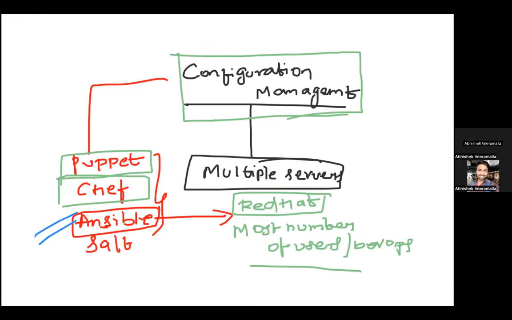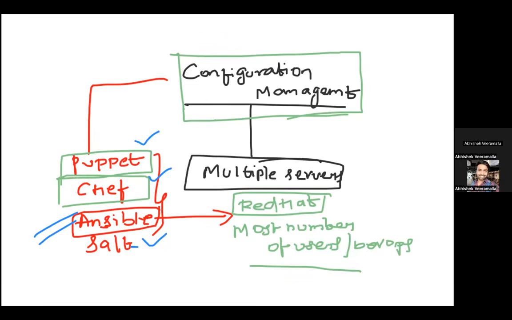Because there is a very good chance that 90% of the time, when you start your DevOps journey in an organization, your organization is using Ansible. I'm not saying nobody is using Puppet, or Chef, or Salt, but the majority of people are using Ansible, and it is always better to go towards the tool that is popularly used.